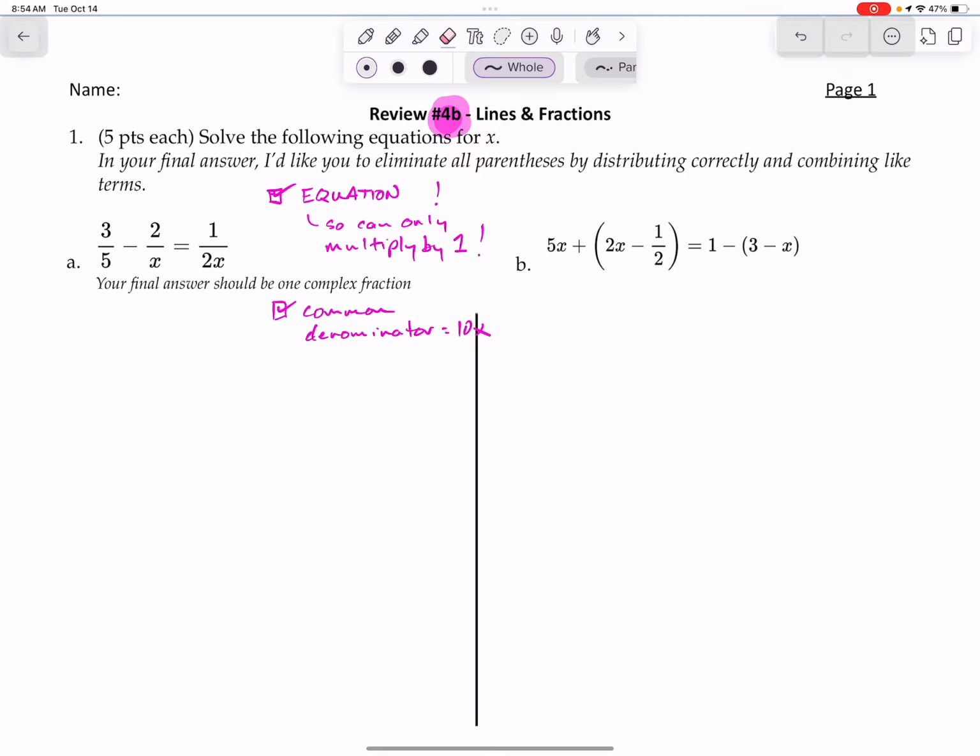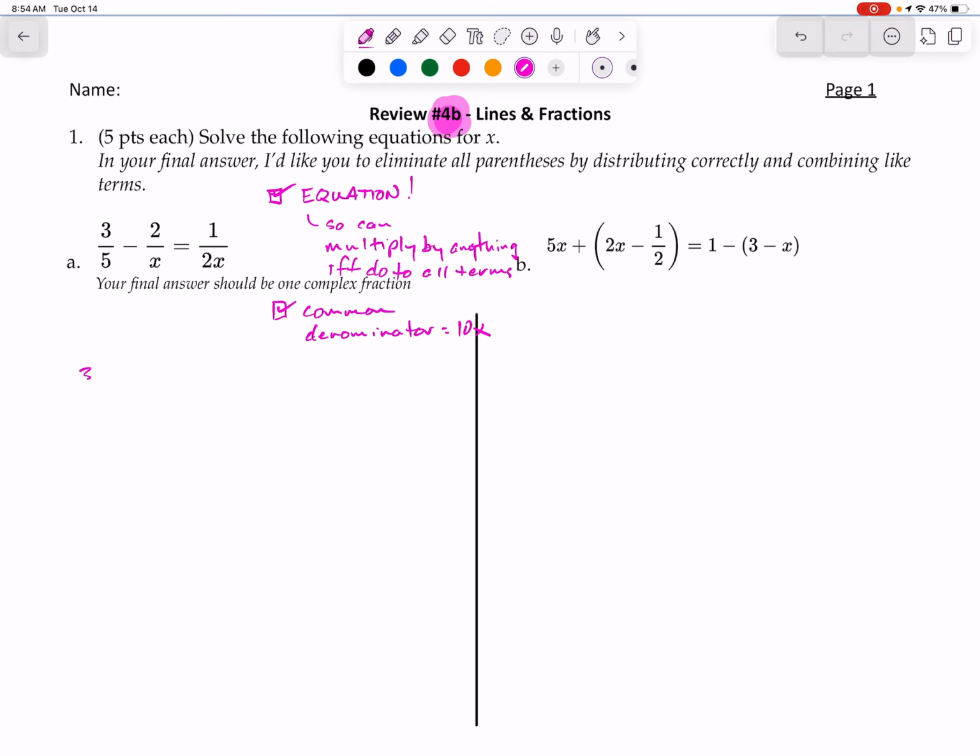So we actually can multiply by anything, if we do it on both sides, do it to all terms.